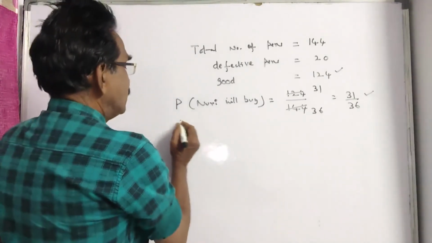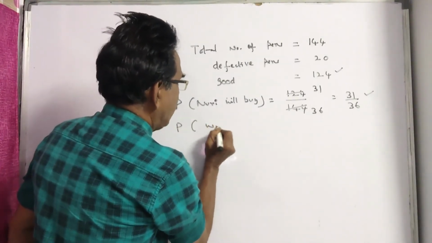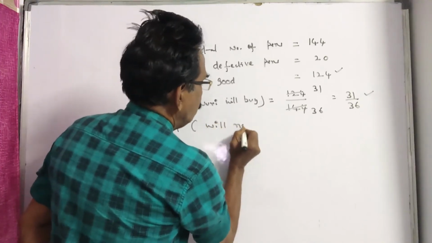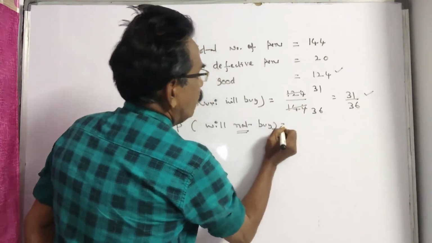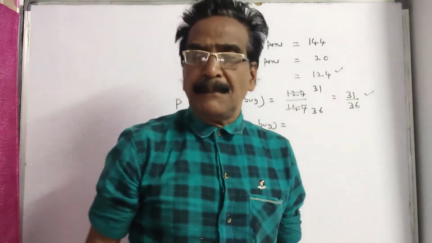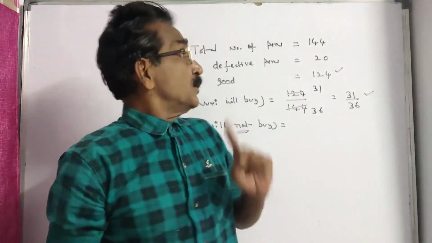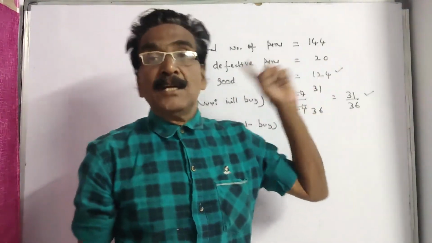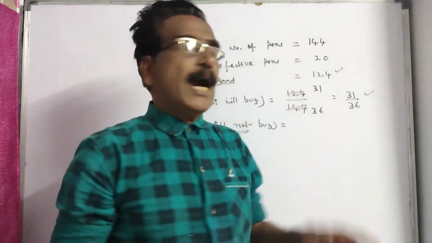So second question, the probability that Nuri will not buy the pen. Nuri will not buy the pen if the pen is defective. So how many defective pens are there? 20 defective pens are there. So this 20 is our favorable outcome.